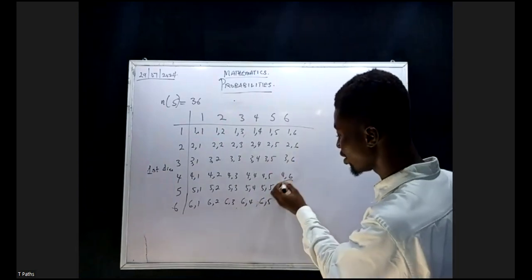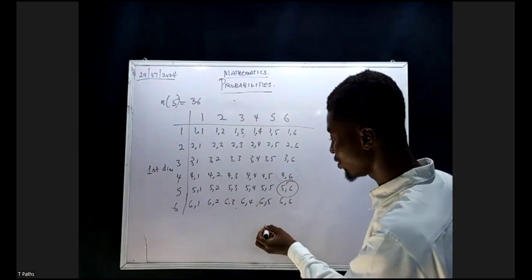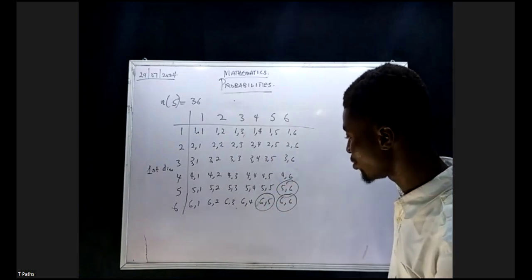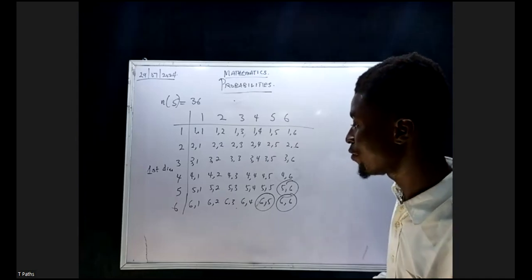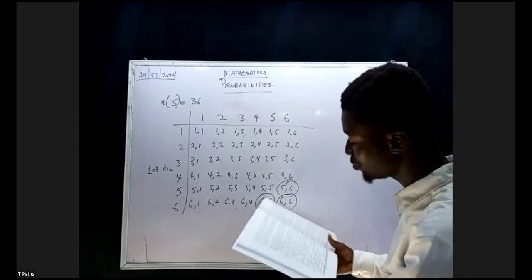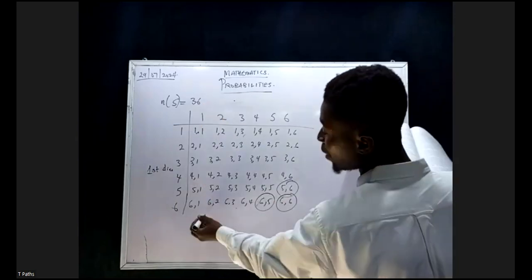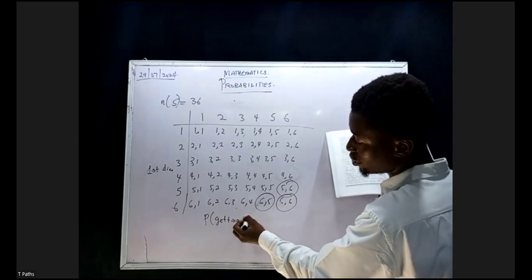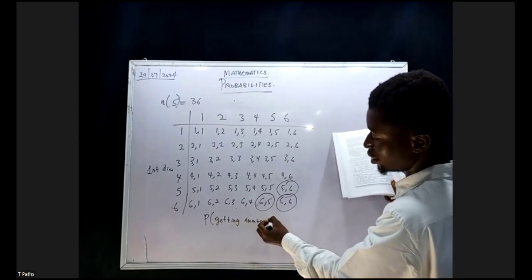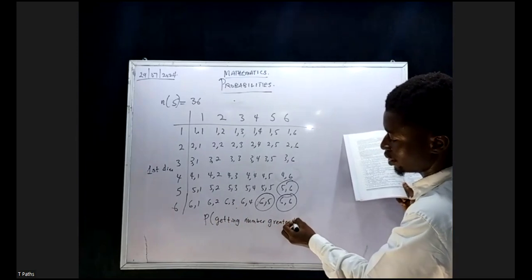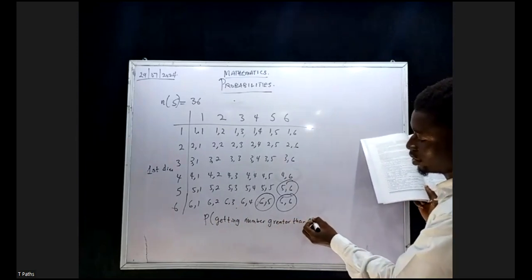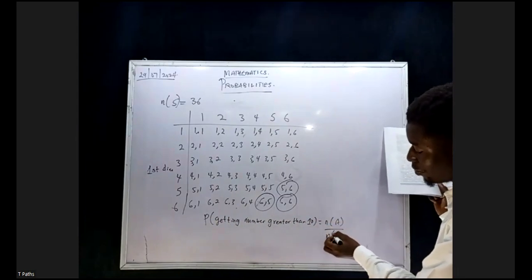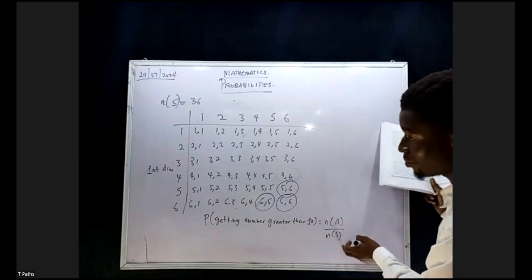So I'll pick this. What else is greater than 10? I'll pick this one too. Is there any other number greater than 10? No. So the probability of getting a number greater than 10 is the number of outcomes greater than 10 over the total number in the sample space.